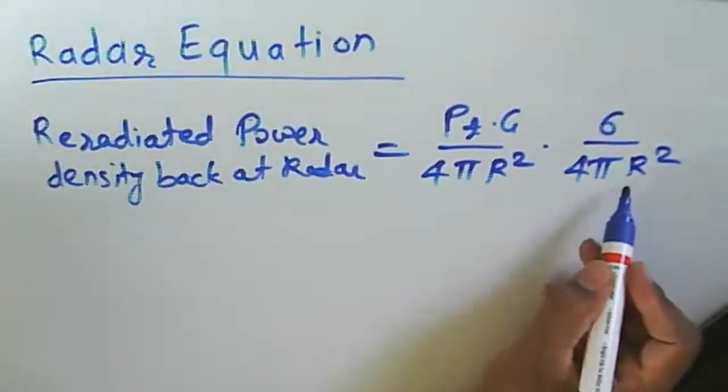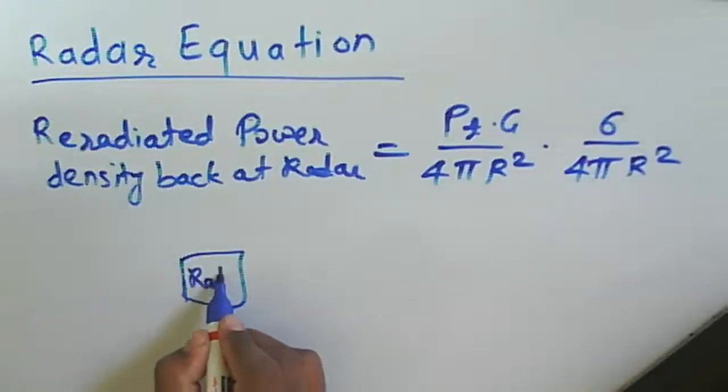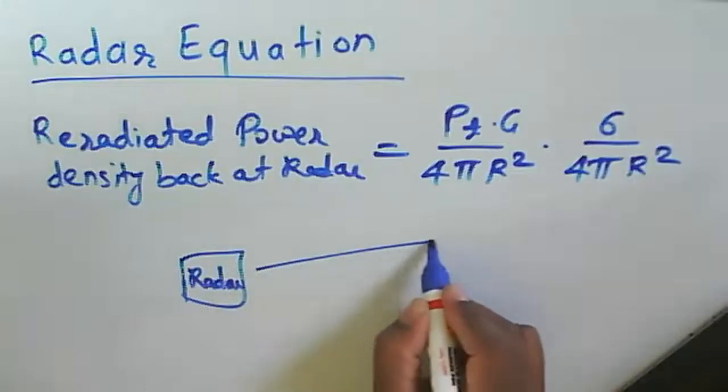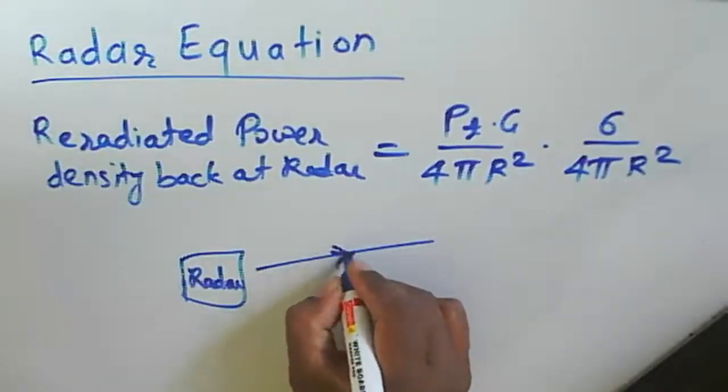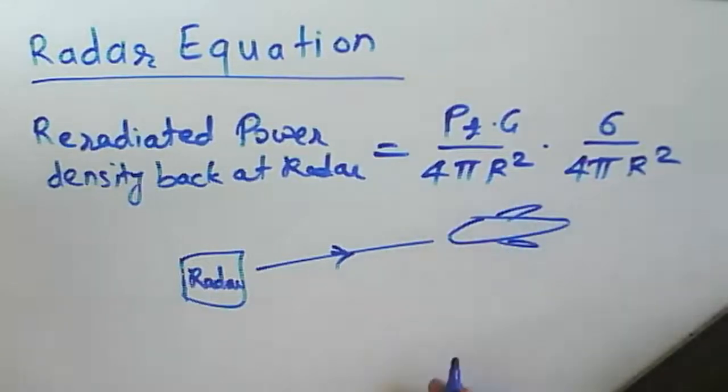Here this r is, we are supposed to consider, the radar with the incident signal. Here is the object, this is our object.